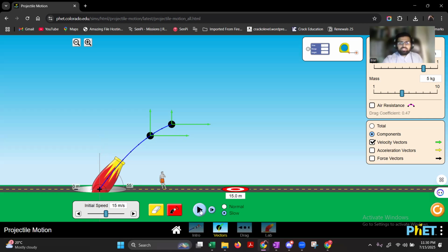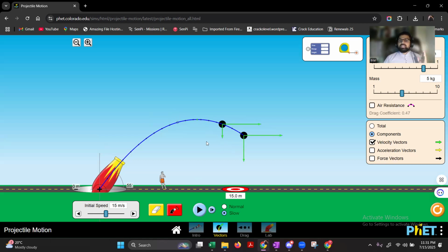If we continue this motion, you can see the x component is still as it is, but the y component of the first projectile is very small, and eventually it will become zero. Now at this point, the vertical component is almost zero, but the projectile still has x component velocity. And now there's a very interesting change: from this point onward, the direction of velocity will change.